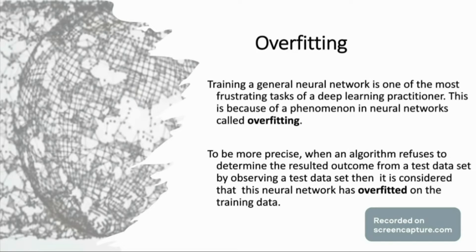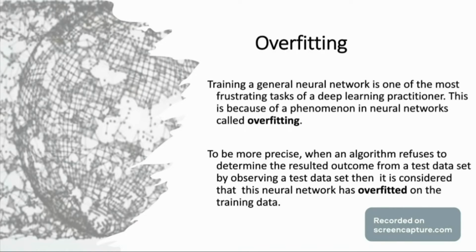Moving on, we're going to talk about overfitting. What is overfitting? Overfitting is a phenomenon in neural networks. To be more precise, when an algorithm fails to determine the resulting outcome from the test dataset, then it is considered that this neural network has overfitted on the training data.